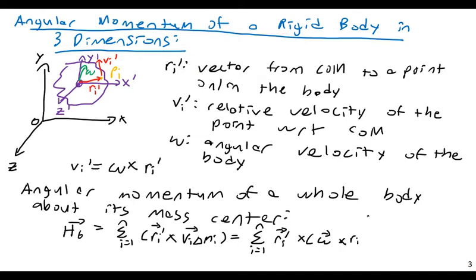So ri prime appears twice here, and then this times our little delta m. Now again, we're talking in very generic calculus terms. We can't actually sum up an infinite number of points, obviously, but let's consider.